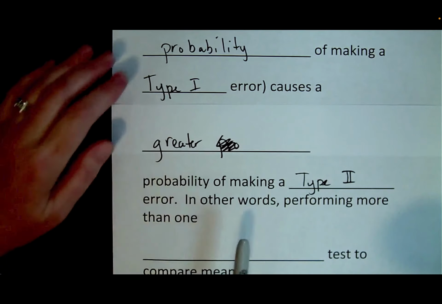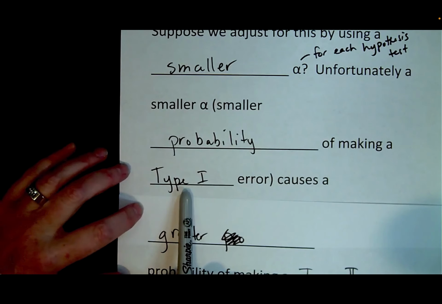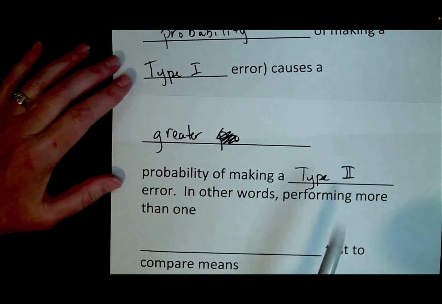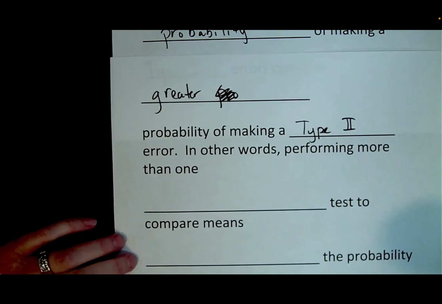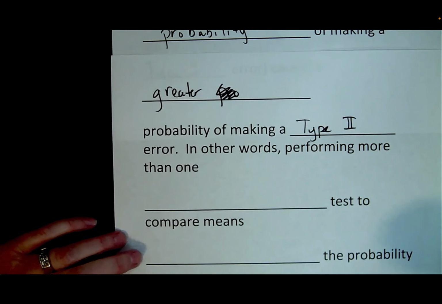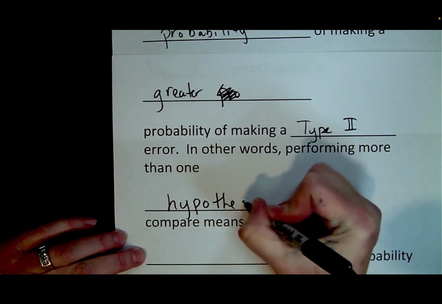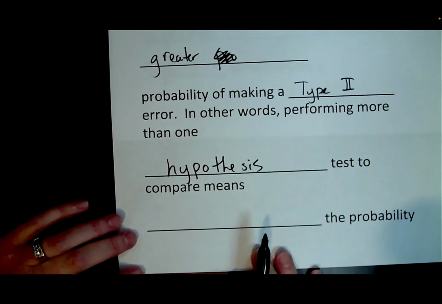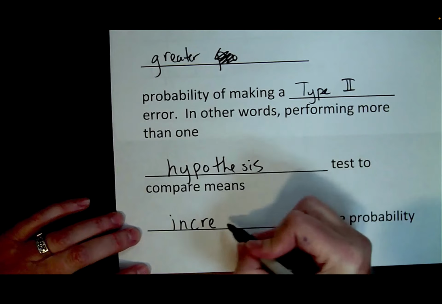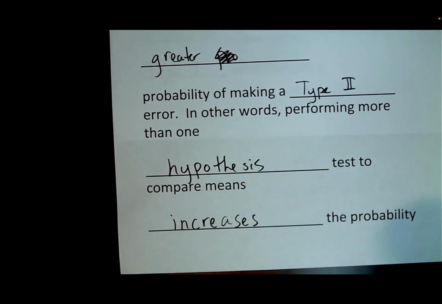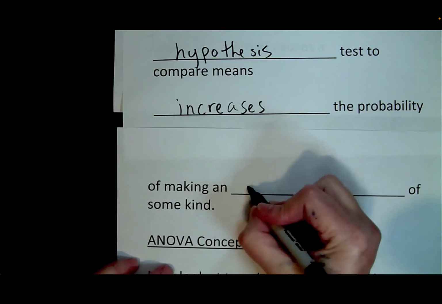So if I make the probability of a type 1 error smaller, that's going to increase the probability of making the opposite error. So the upshot here is that performing more than one hypothesis test to compare means increases the probability of making an error of some kind.